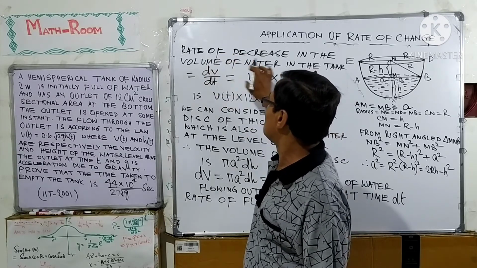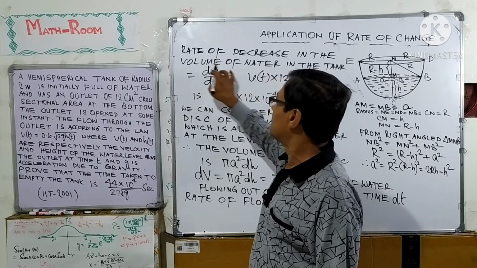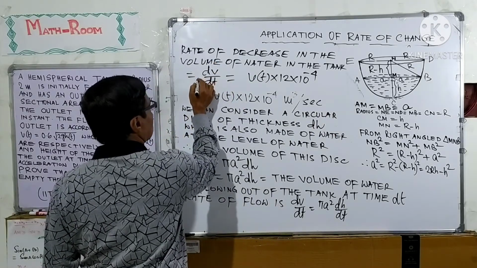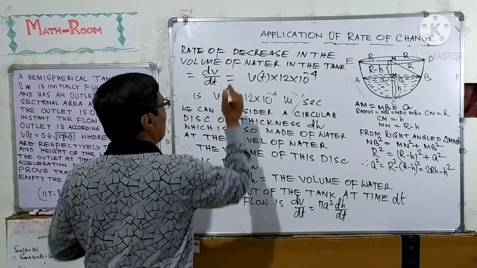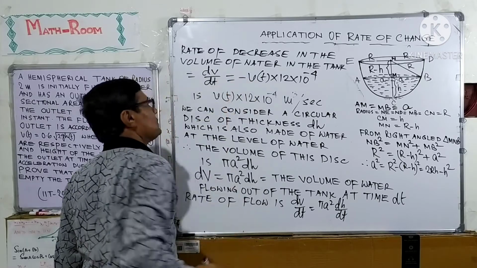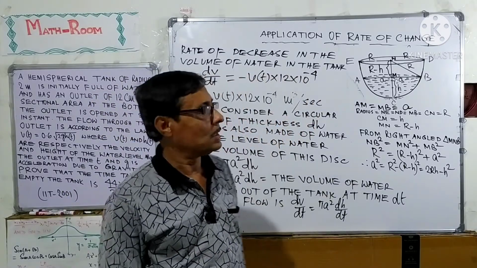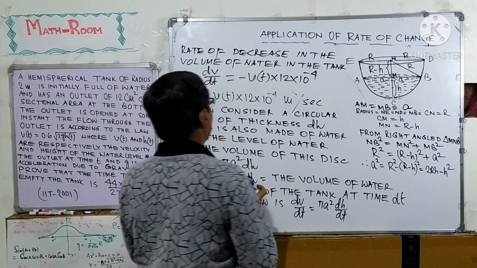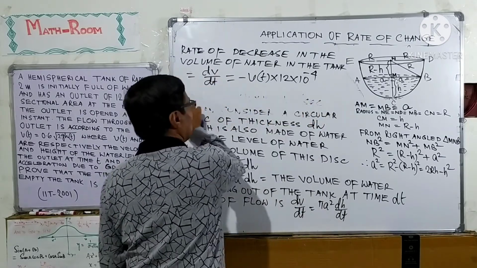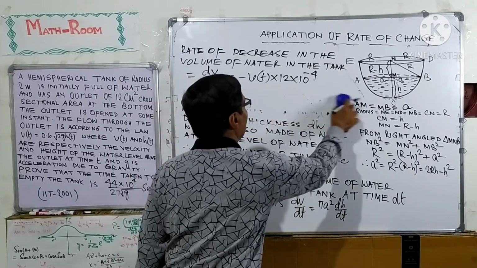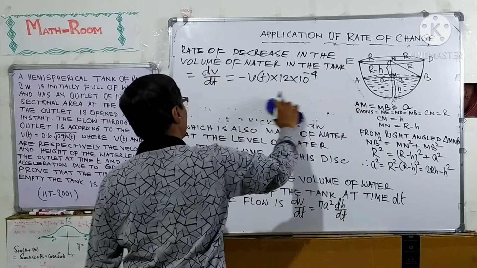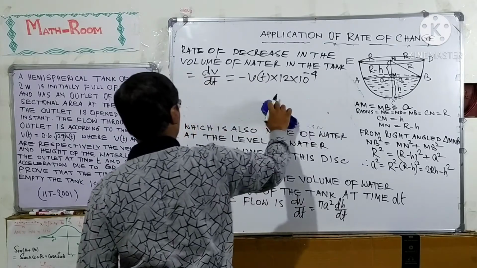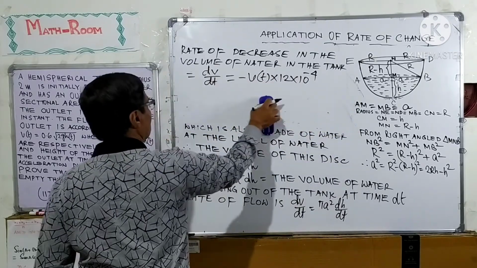So, this decrease and this flow are numerically equal, but their signs are opposite, so we can write dV dt equal to minus. dV dt is the rate of decrease and Vt into 12 into 10 to the power minus 4 meter cube per second is the rate of flow of the water through the outlet. So, their signs are opposite.